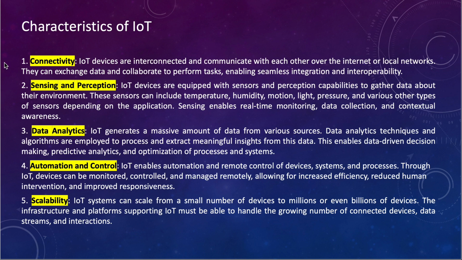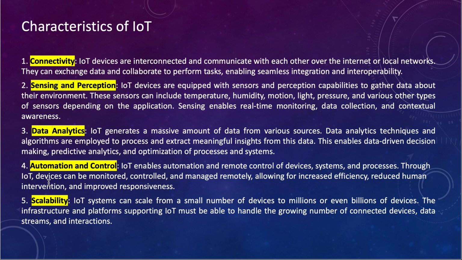In this, we talked about connectivity, sensing and perception, right? So basically connectivity is the networking part of it, sensing and perception is the hardware part of it, data analytics would be the cloud part of it, right?